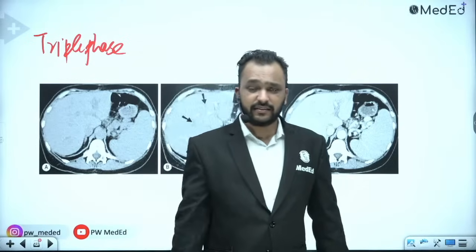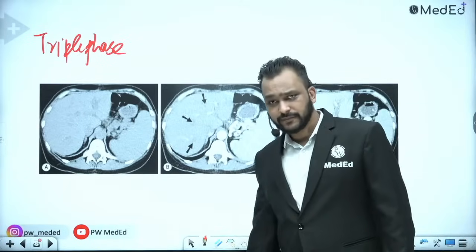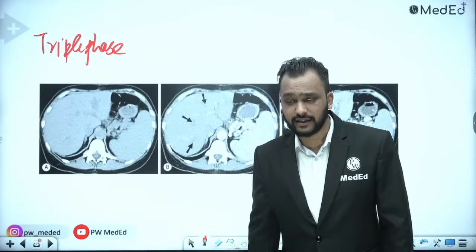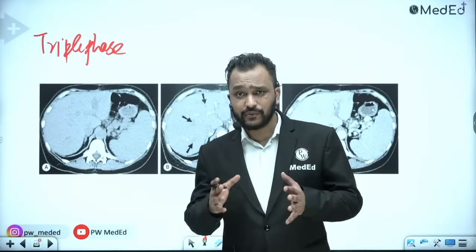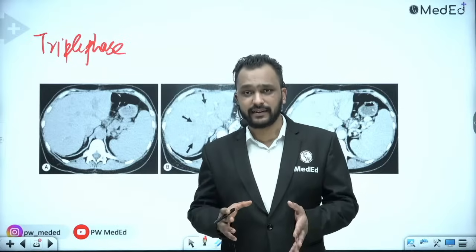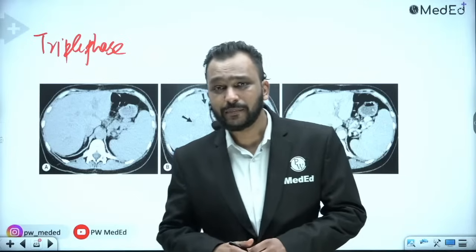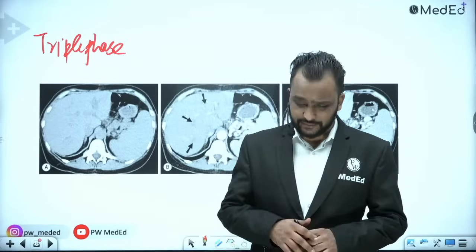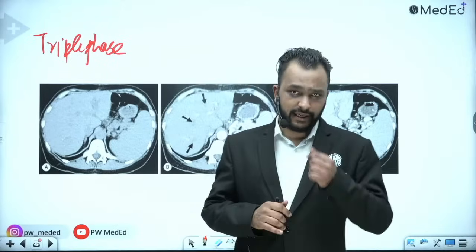The first phase is the arterial phase, acquired between 20 to 30 seconds after injecting the contrast. The second phase is acquired between 60 to 70 seconds, that will be your portal venous phase, and the third will be your delayed phase.